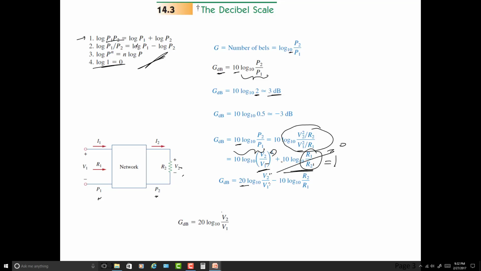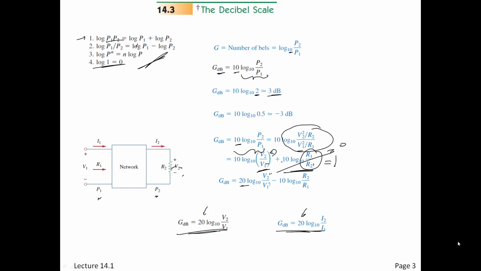Okay? So these now become definitions, and the same is true with currents. So you'll see this going back and forth. When things are talked about in terms of voltage or current, you have to think of it as 20 times the log of the ratio. And if you're talking power, it's 10 times the log of the ratio.